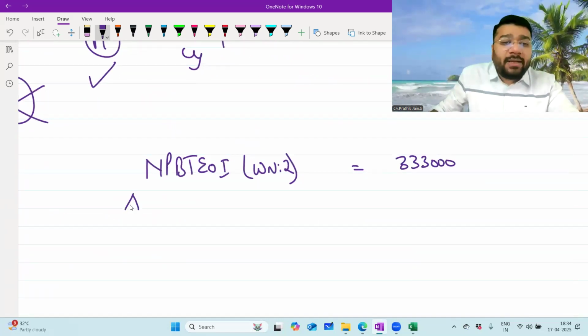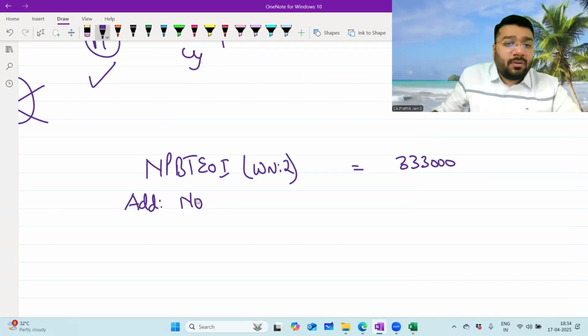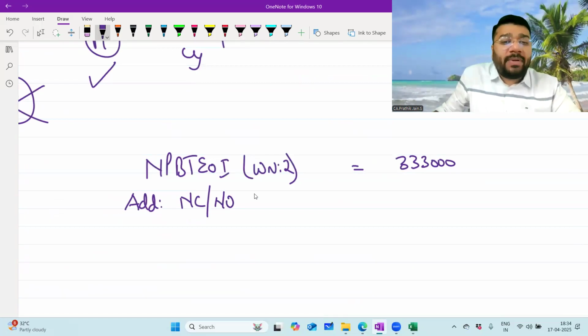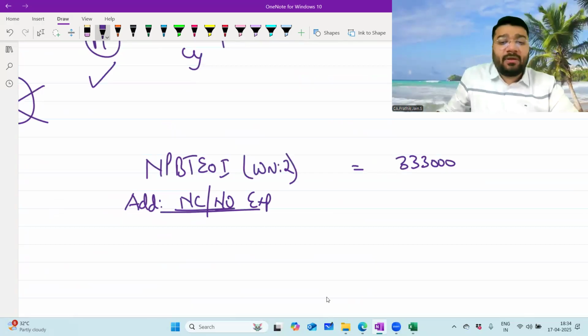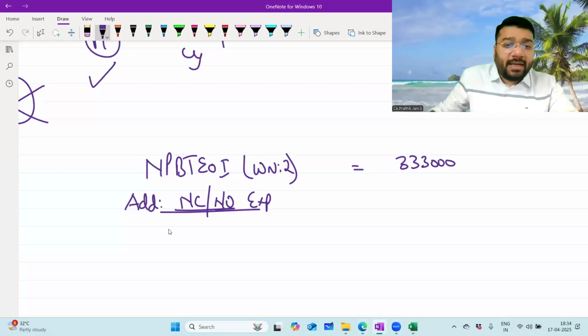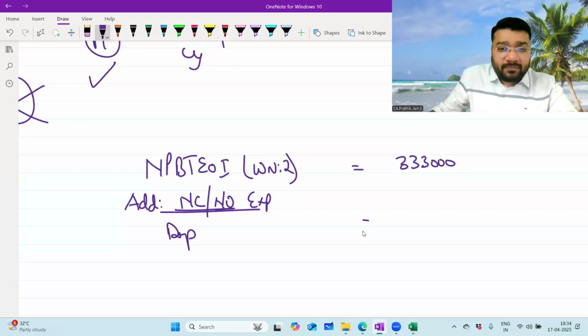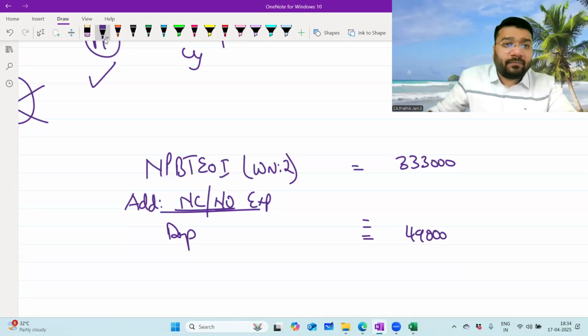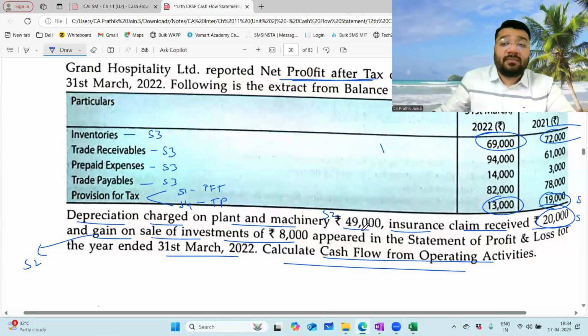Now add non-cash and non-operating expenses. In that we have depreciation, 49,000. Any other item in expenses?